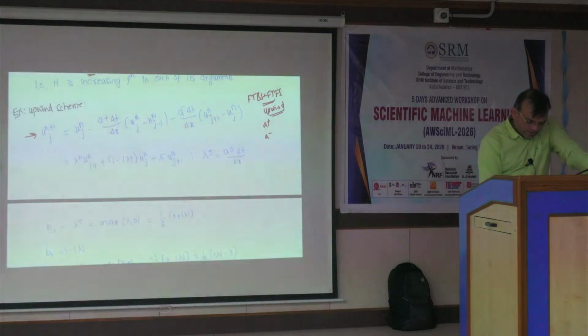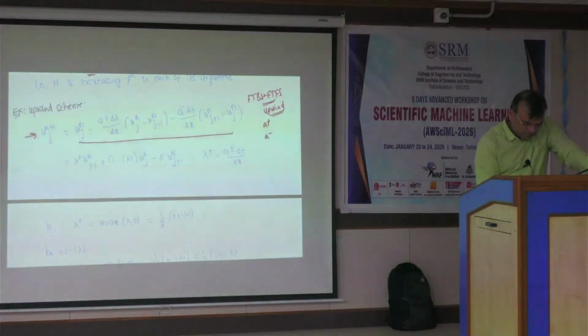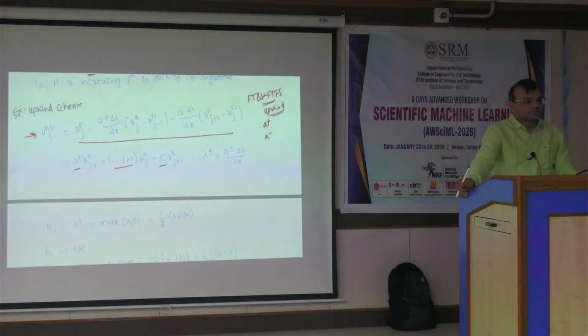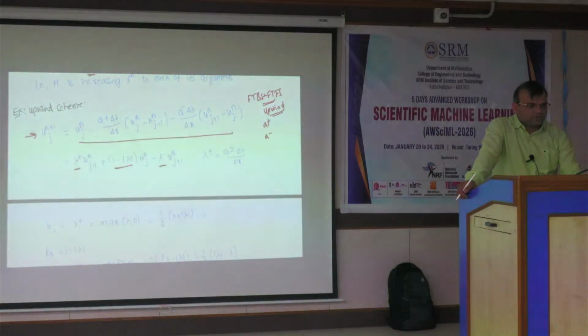So we can write this affine scheme in terms of some coefficients: collect all the coefficients of u_(j-1)^n, u_j^n and u_(j+1)^n, and check whether each coefficient is positive or not.